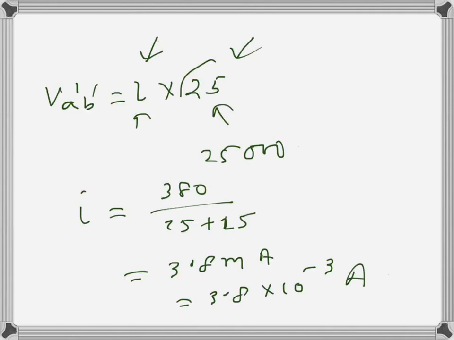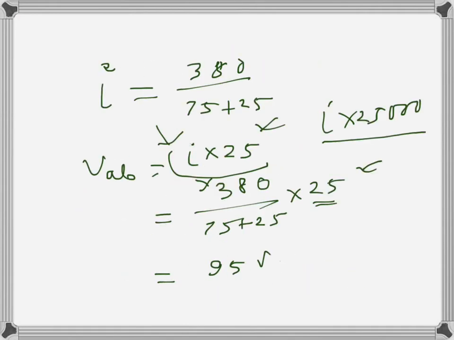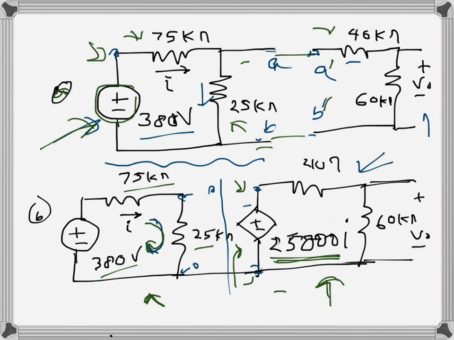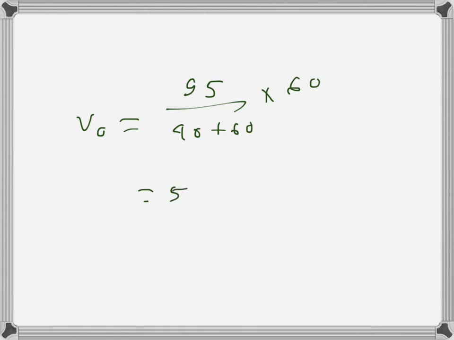So the secondary voltage now is 25,000 times this current, so that becomes 95 volts. It's the same thing basically. So our V0 again becomes, with the same equation, 95 divided by 40 plus 60 times 60, and that is 57 volts.